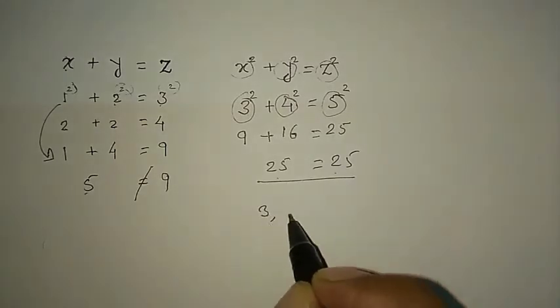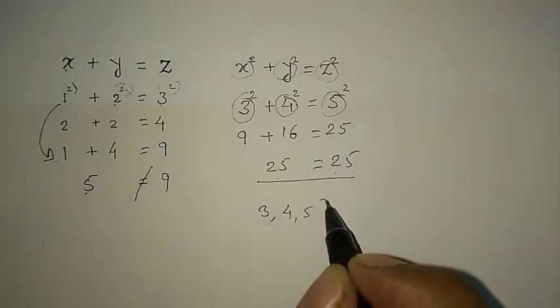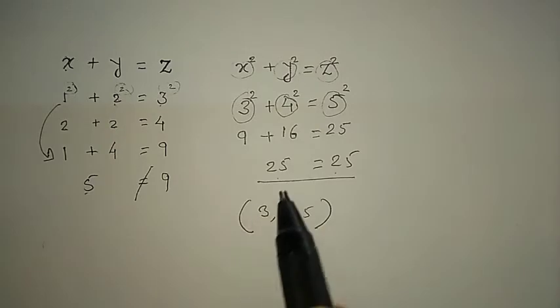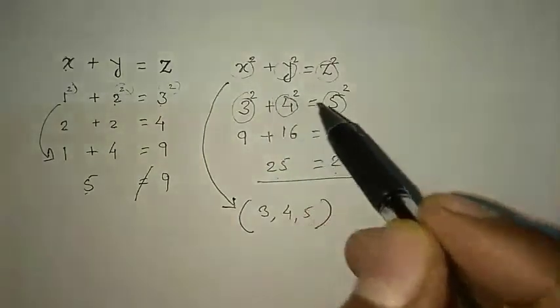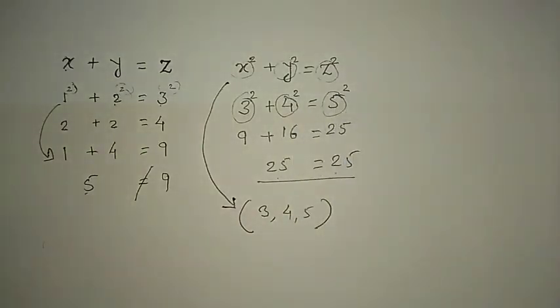So 3, 4 and 5 are the solution of the equation x square plus y square equal to z square, and this is called Pythagoras theorem. And the solution of the equation, 3, 4 and 5, is called a Pythagorean triplet.